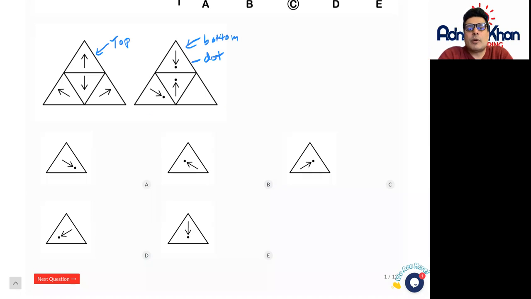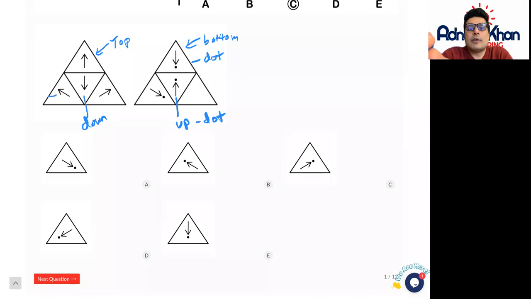In the middle triangle, this arrow is pointing down, and here the arrow is pointing up with a dot at the top of the arrow, okay?